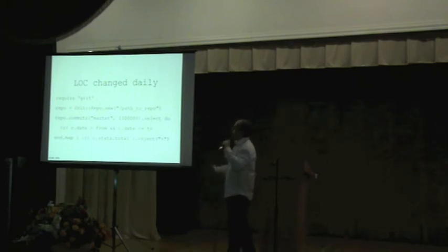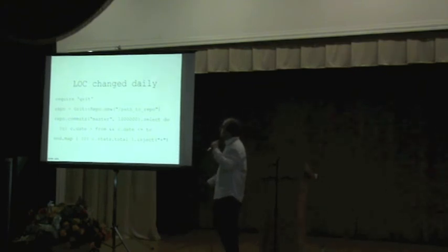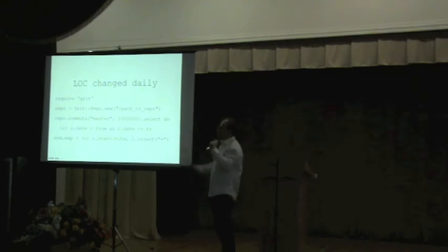With Ruby, you can also, for example, measure how hard your team is trying to do things by just calculating the number of lines of code changed daily. If you want to calculate different metrics from your Git repository, Grit is the greatest Ruby library.